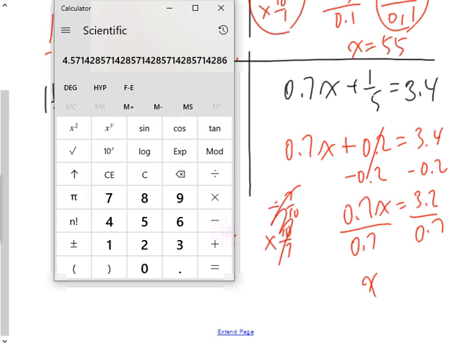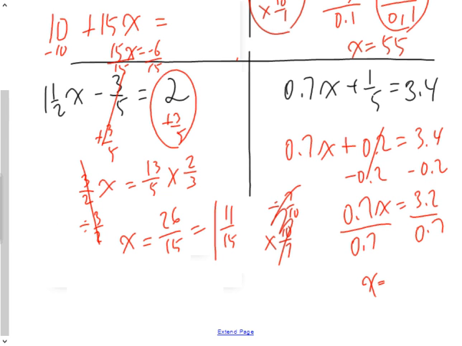So it's 4.571428. Close? Who cares? Well, I don't really care. You put a bar above that whole 6-digit sequence because that 6-digit sequence will repeat to infinity. Okay? And that is your answer.